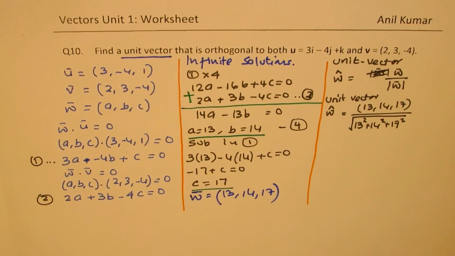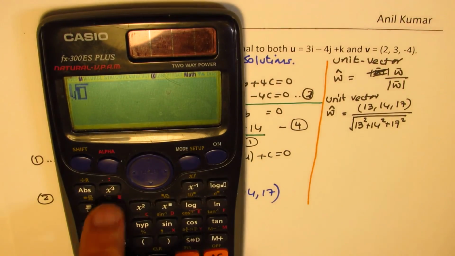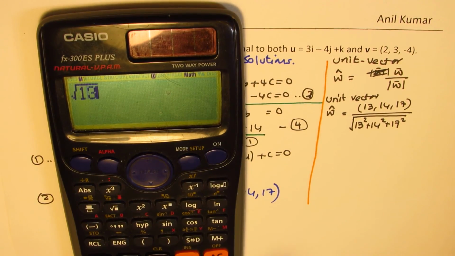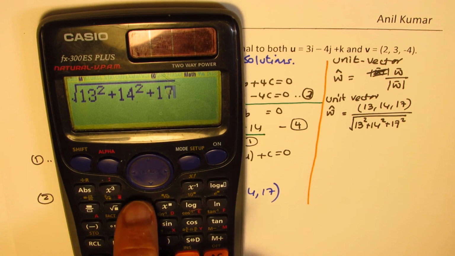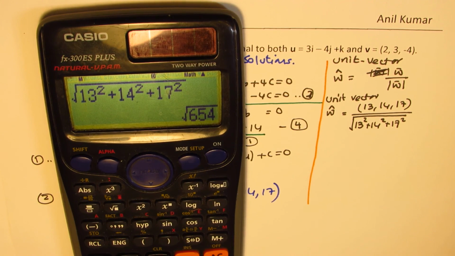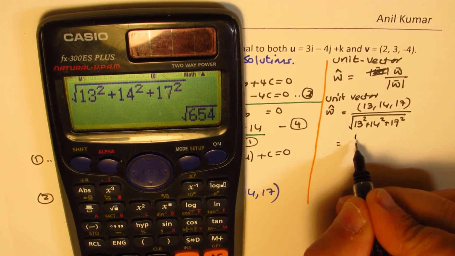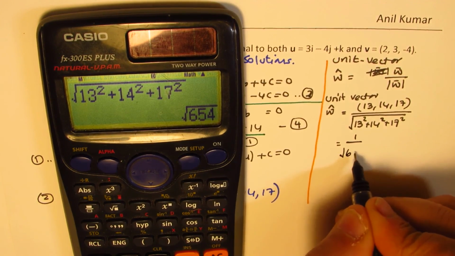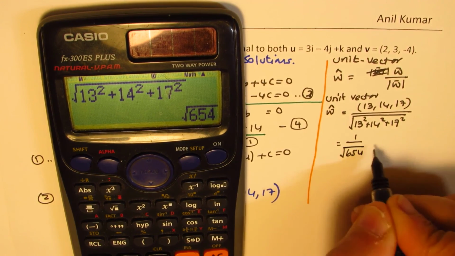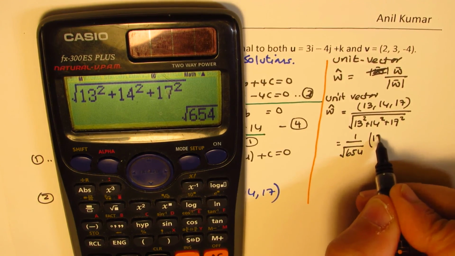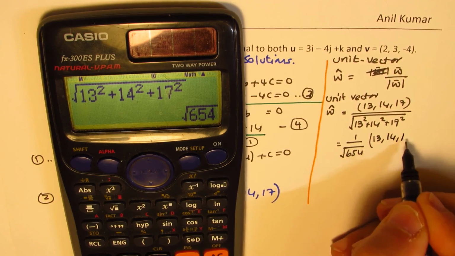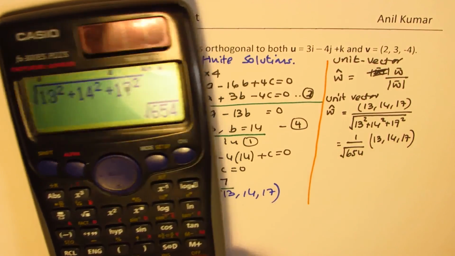Let's calculate this value. So the square root of 13 squared plus 14 squared plus 17 squared. This is the square root of 654. So we have this as 1 over the square root of 654 times (13, 14, 17). Is that clear to you?